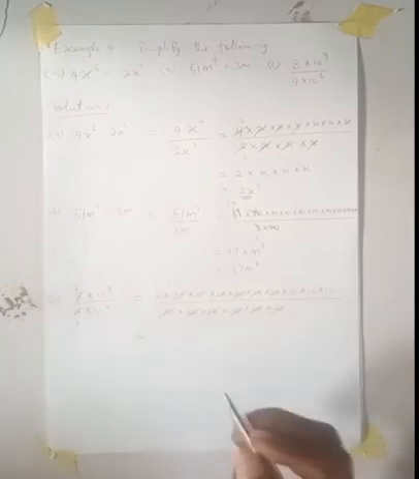So at the end of the day, we'll be left with 2 times. So how many more 10 are we left with? 1, 2, 3. So that will be multiplied by 10 raised to power 3. And we can say this is the final answer.